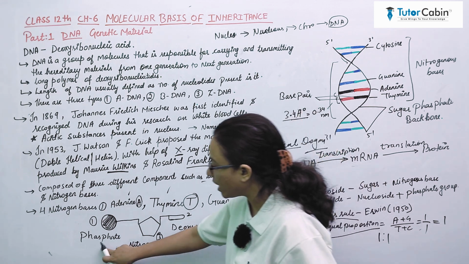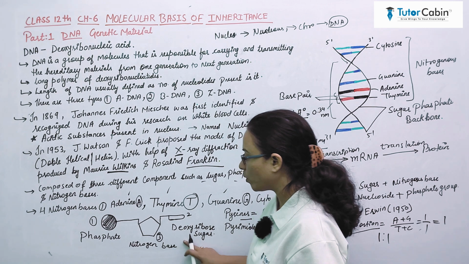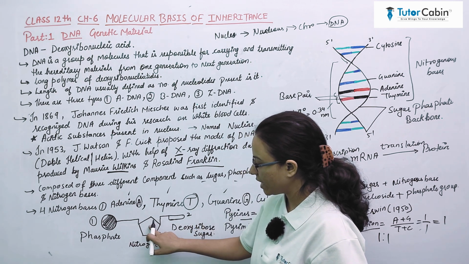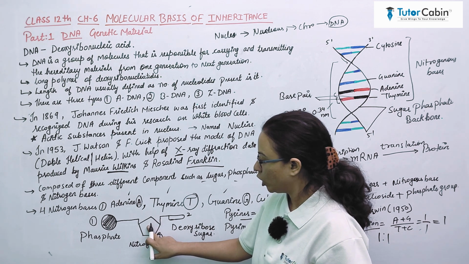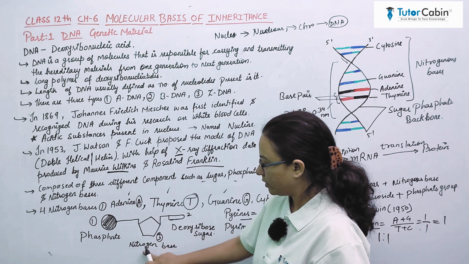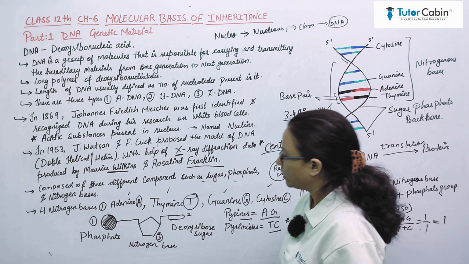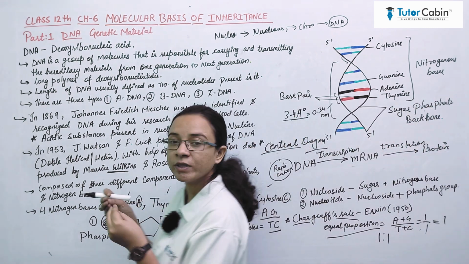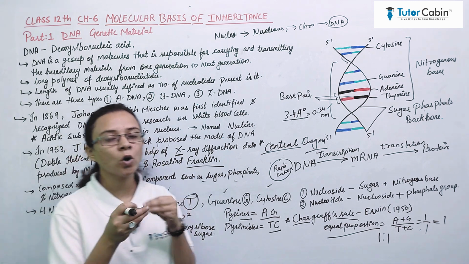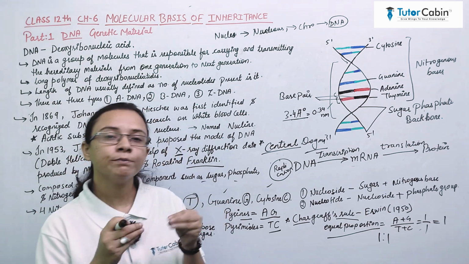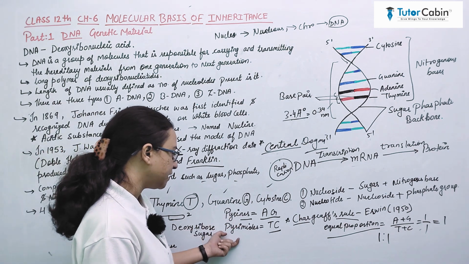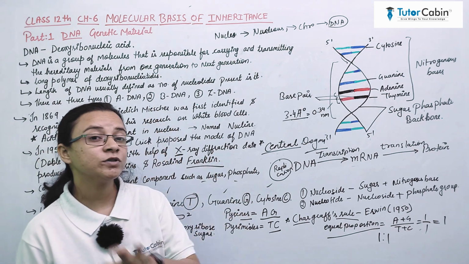Both form the backbone and support the base pairs. This middle structure, the pentagon structure, is the nitrogenous bases. These nitrogenous bases are joined with each other with the help of double or triple hydrogen bonds. Clear? So purines and pyrimidines form the nitrogenous bases.